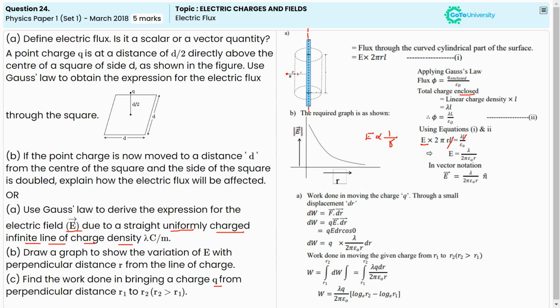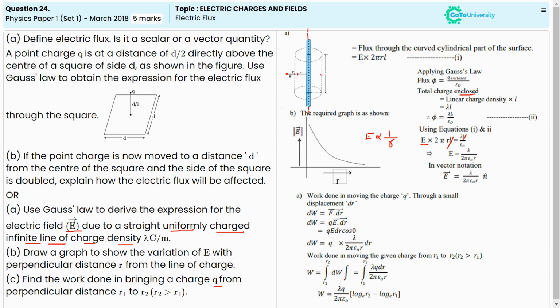Then dW, that is a small work, is equal to F into dr, that means force into displacement in vector. This is F vector dot dr vector. And dW is equal to Q into E vector dot dr vector. It's nothing but Q into E into dr cos 0.